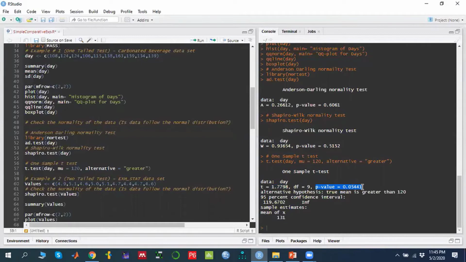Again, we will say accept H0, but the p-value is almost equal to the pre-decided alpha value. So we can also say that we cannot be 100% sure, and we may need more data to make an accurate decision. But with the given data set, we can say accept H0.